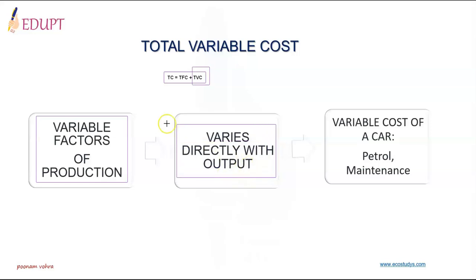Output increases, variable cost also increases. Output decreases, total variable cost also decreases. So, direct relationship between cost incurred and output produced. For example, a car. Variable cost of a car would be consumption of petrol, expenditure on maintenance, and so on.